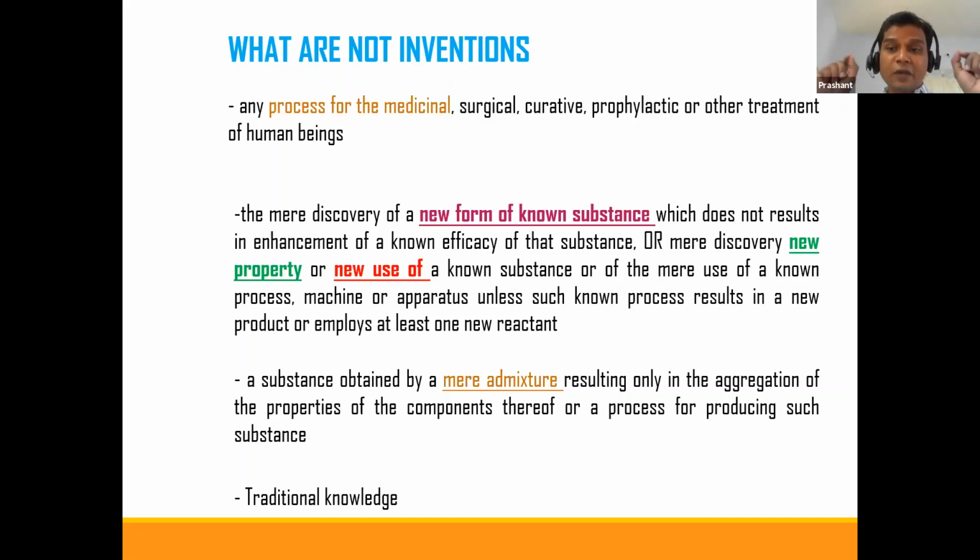Then it is very important to show in your specification or patent draft a comparison between imatinib alone versus imatinib mesylate. If you prove there is enhanced therapeutic efficacy for the mesylate salt, then your invention will overcome this Section 3(d) objection and you will qualify to get a patent, right? Yes.